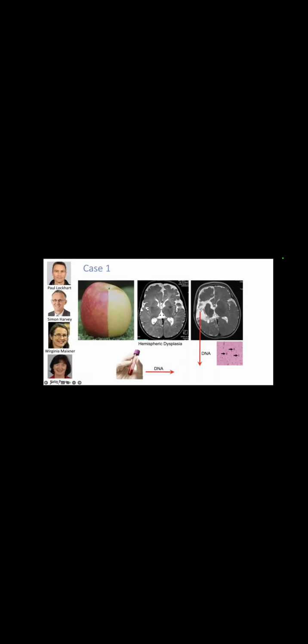And this boy had a hemispherectomy or hemispherotomy. Some tissue was removed. We took DNA from the blood, DNA from the brain. It was FCD type 2A. We identified a pathogenic variant in the mTOR gene itself, only in the brain tissue and only at fairly low levels in the brain tissue.